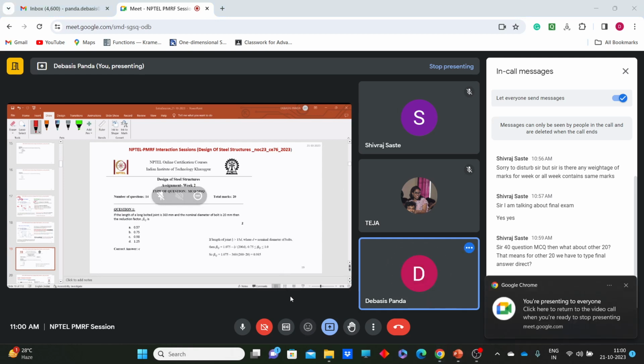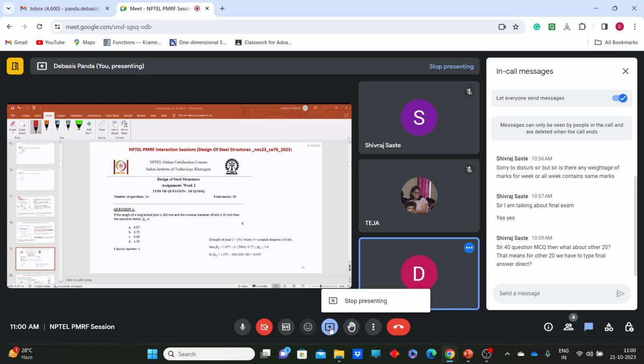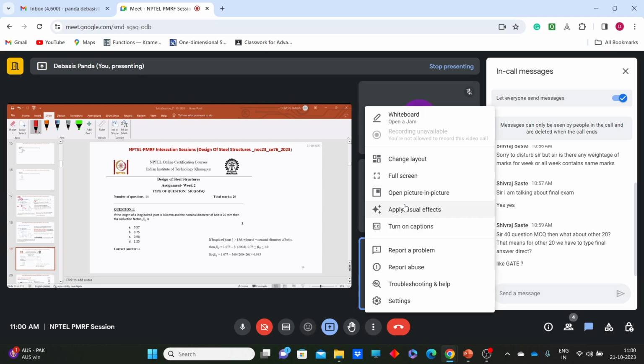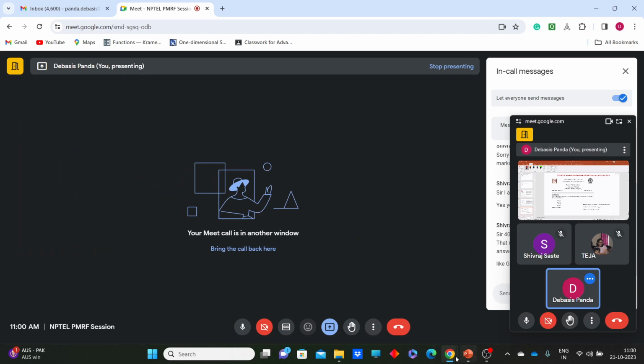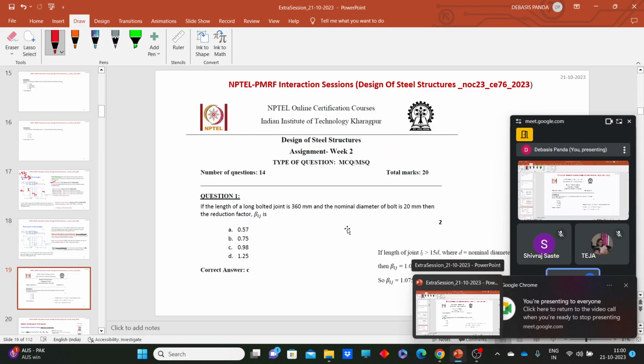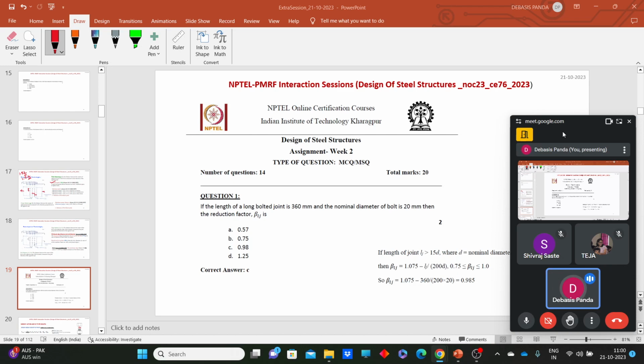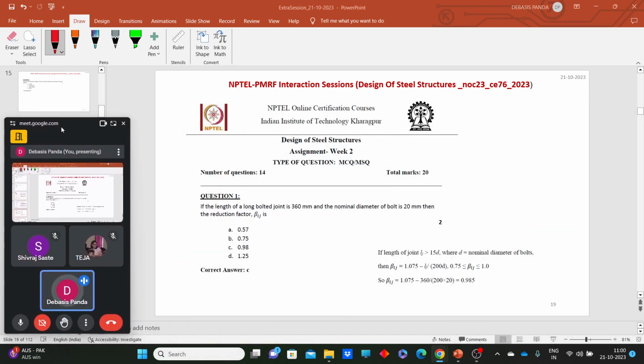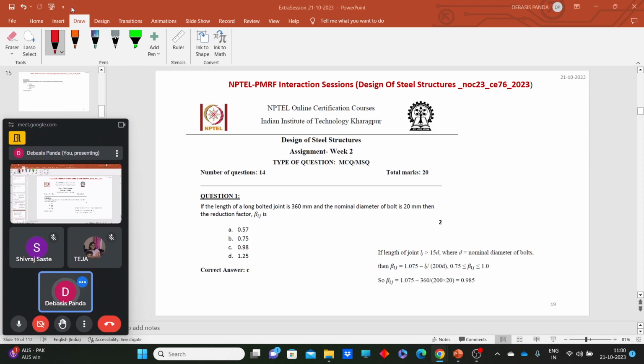Let me explain what kind of questions I am talking about. For example, here is the question. This is an MCQ type question. If this question is projected in a numerical type format, be careful about entering the answers, because this is also important.